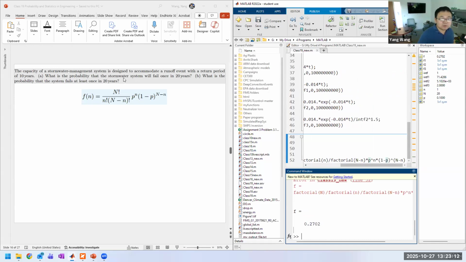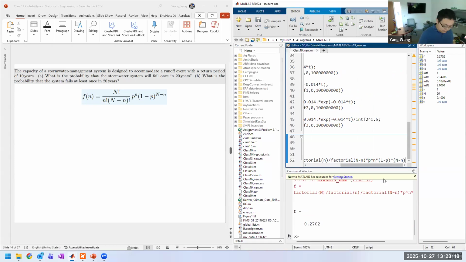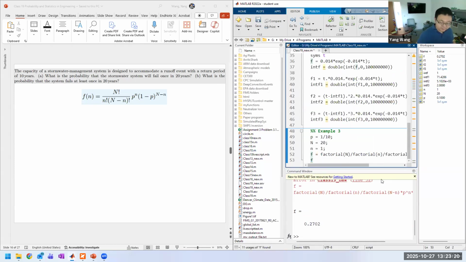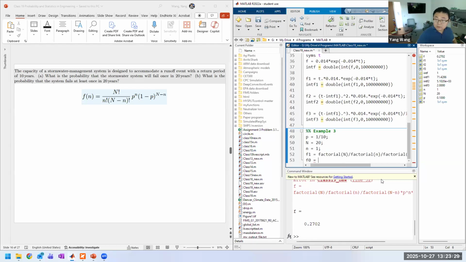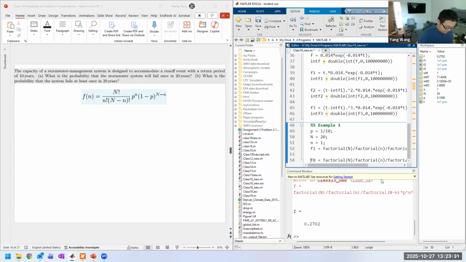So what is the probability of the stormwater system failing at least once in 20 years, right? So we just need to use, let's say F0, this is F1, right? F0, same thing. And now we define n being 0, that it doesn't fail, right?